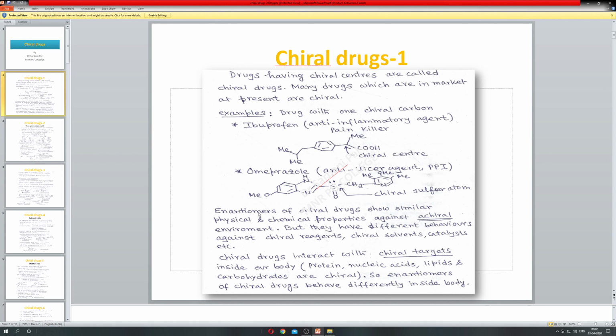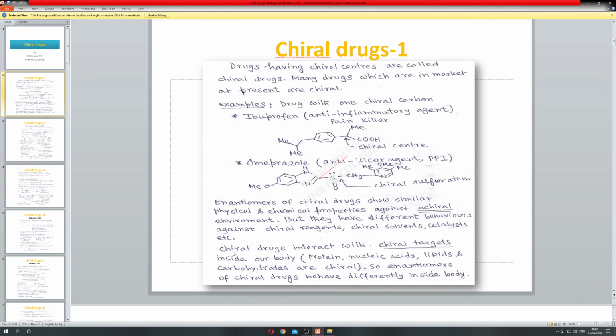Now next, these chiral molecules have enantiomers. Any chiral molecule will have a pair of enantiomers. Now when this pair of enantiomers reacts with achiral reagents, in an achiral environment, then there is no difference in the behavior of these two enantiomers of any chiral compound.